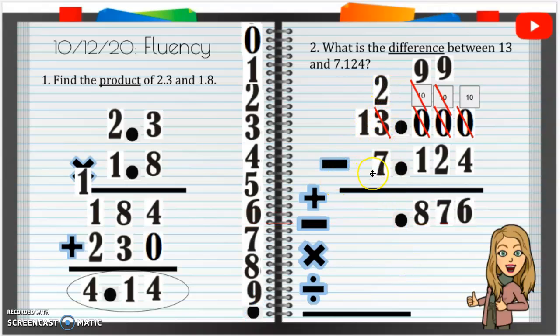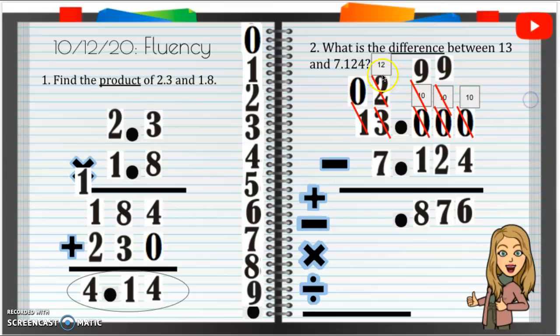2 minus 7. Oh, we can't do that. So we are going to have to borrow from this 1 to make that 1 a 0, to then make this 2 a 12. Let's edit that there.